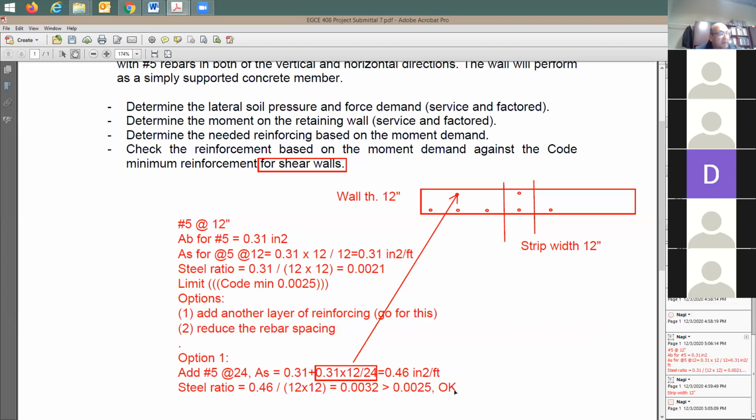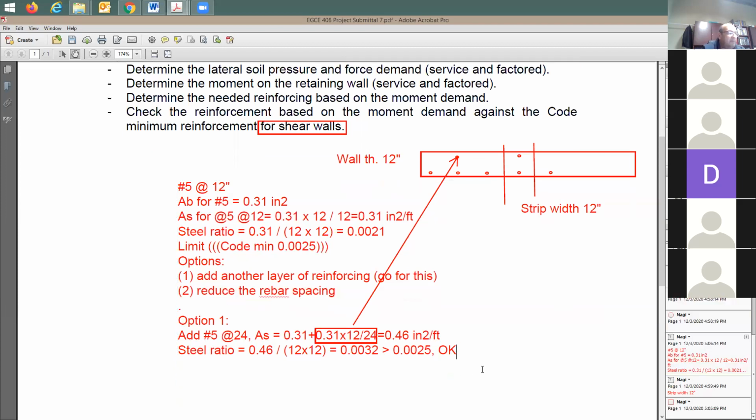Someone else is going to say, how about option 2? I don't like this option and I want to just do one layer. How would you do option 2? You're going to say, let's just make the spacing 10 inches. Now As equals, I need help here. 0.31 times what? 12 over 10.